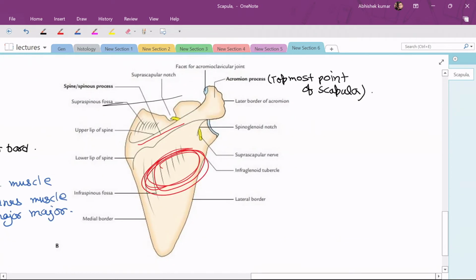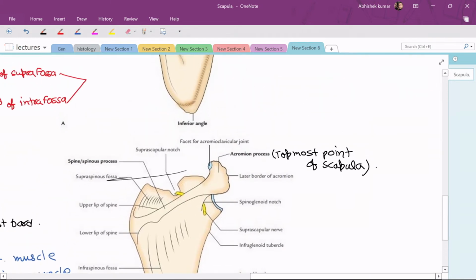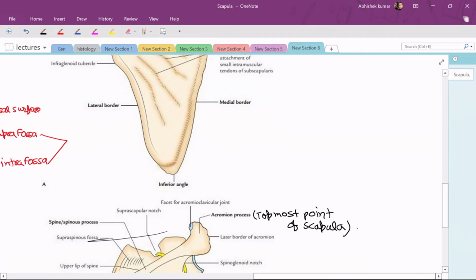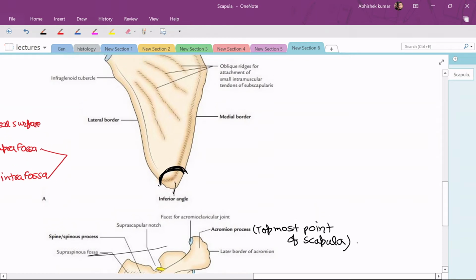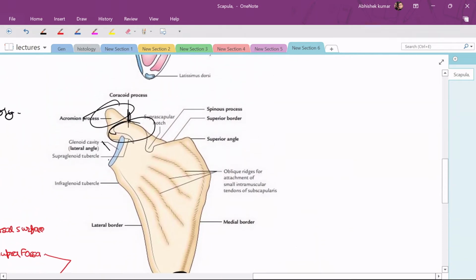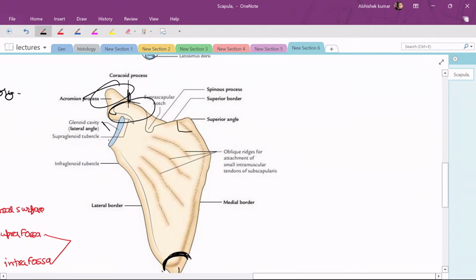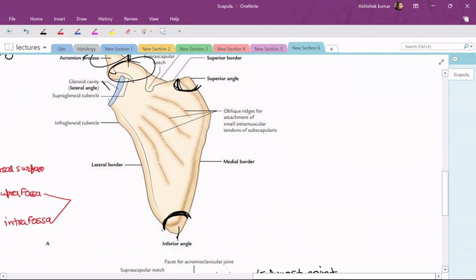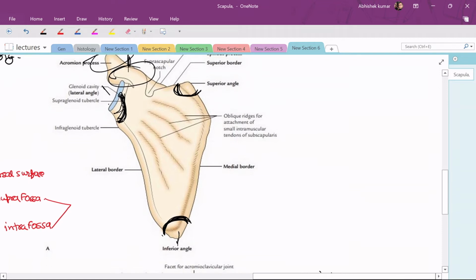So when we see the scapular bone, this angle of the triangle, which is on the lower side, is called the inferior angle. This angle on the superior side is called the superior angle. And the angle on the lateral side of the scapula is called the lateral angle.